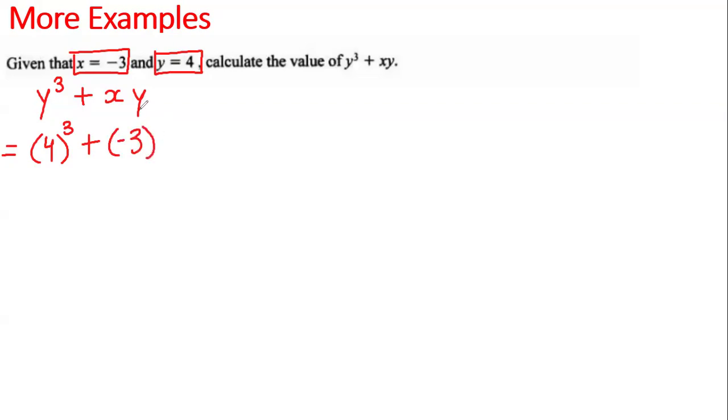Y is +4. So we have 4 cubed plus -3 times 4. Now all we did was substitute. Do you understand that? All we did was substitute, right?